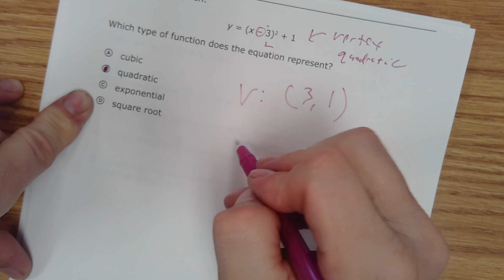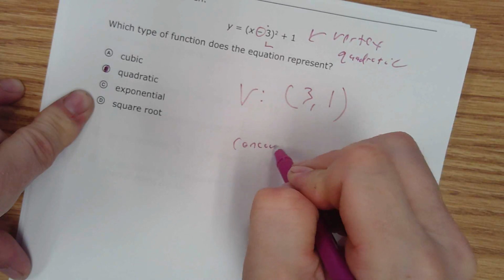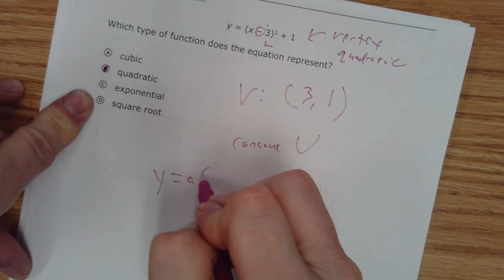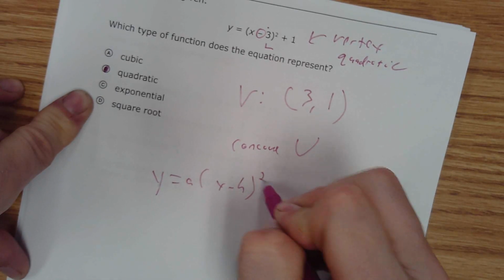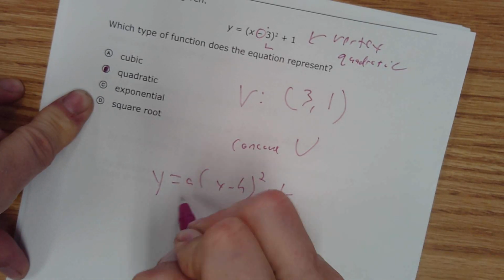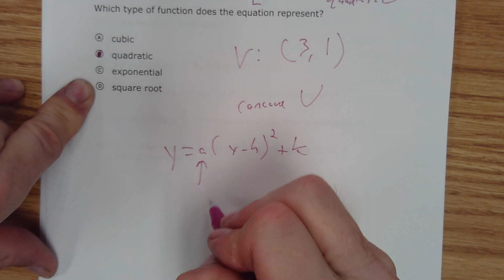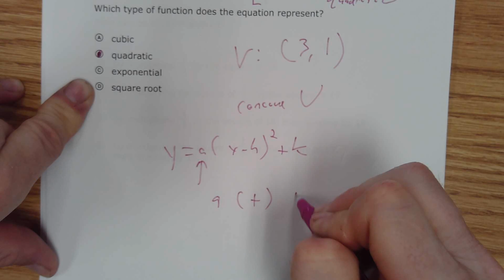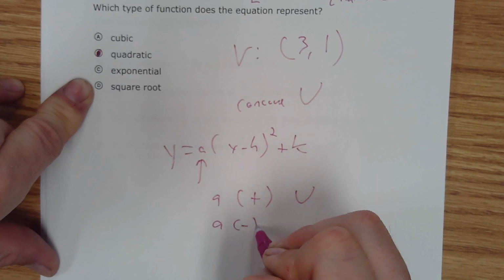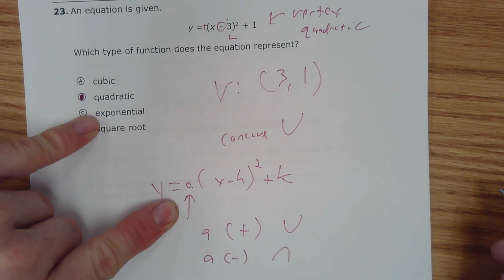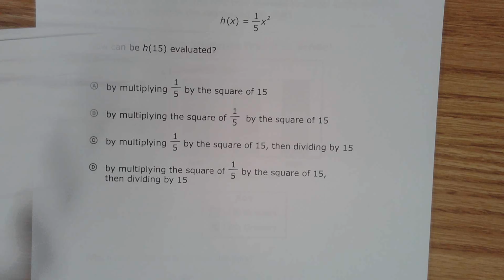And the A, this is concave up, because y equals a times x minus h squared plus k. If a is positive, it's concave up. If a is negative, it's concave down. Right here it's positive, they just don't show the positive. That one was super easy.